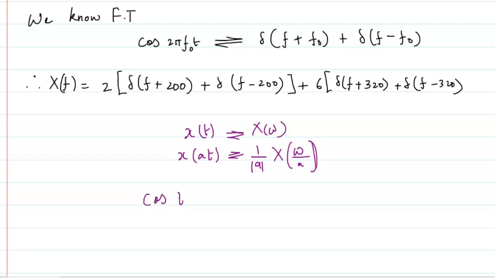So if you have cos t, here omega naught is equal to 1, so the answer will come as pi delta omega minus 1, plus delta omega plus 1.